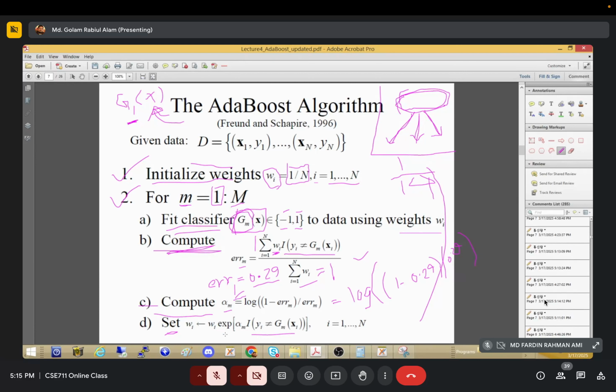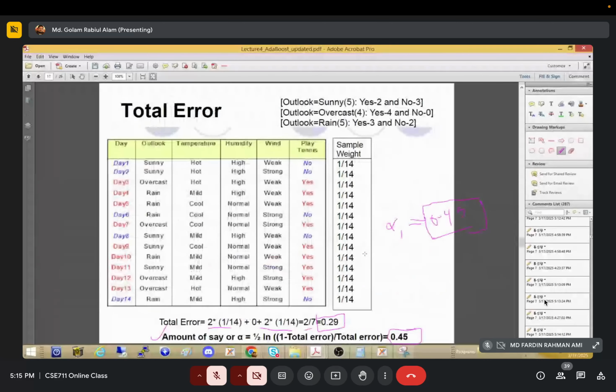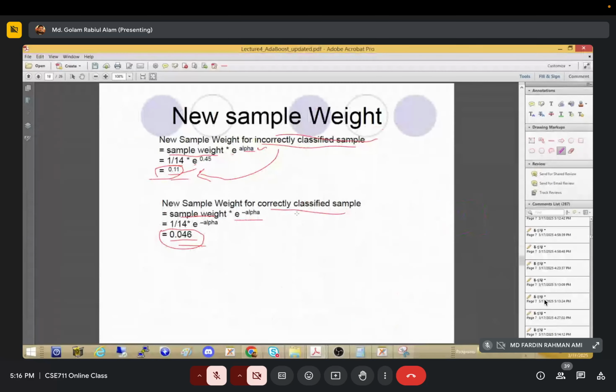Using this equation, we have to update the weights for misclassified instances, for i equal 1 to n. So the new sample weight would be the previous weight W times e to the power alpha.